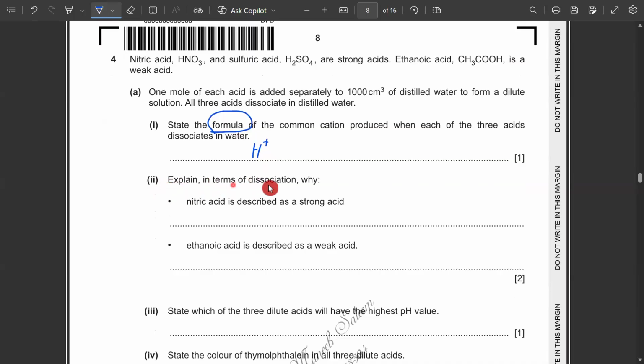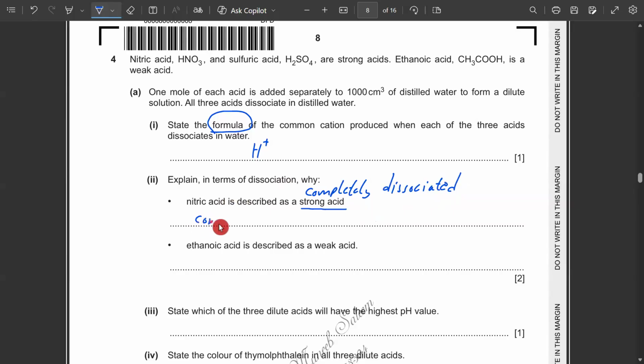Then second part, explain in terms of dissociation why nitric acid is described as a strong acid. So nitric acid is a strong acid because, the definition must be used here, a strong acid is any acid which is completely dissociated.